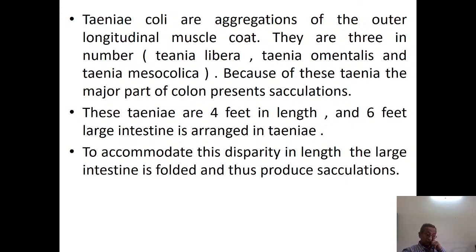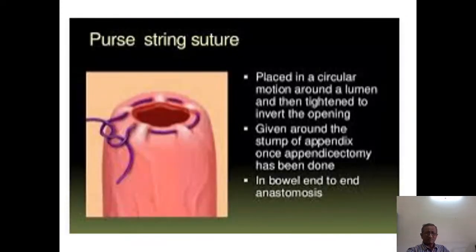Here, we can give an example of a purse string suture or the grandma's purse. If you put a thread like this and then tighten it, a small length of the thread can accommodate the whole circumference of this circle.